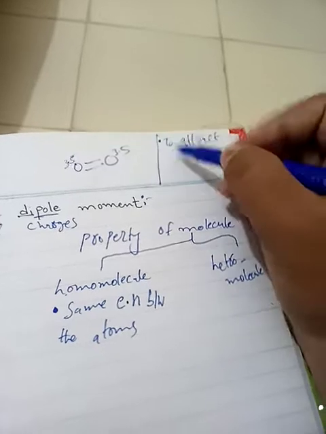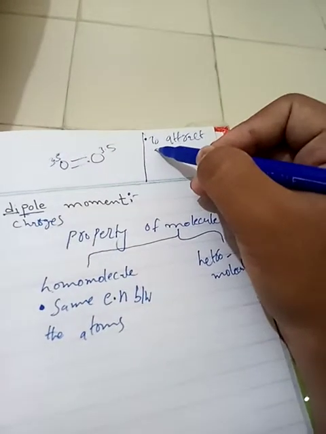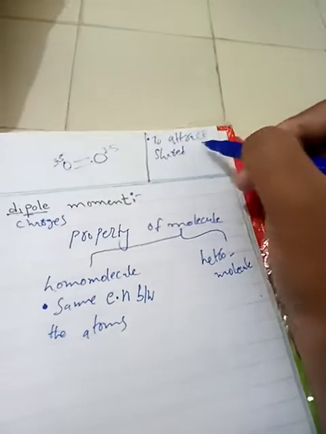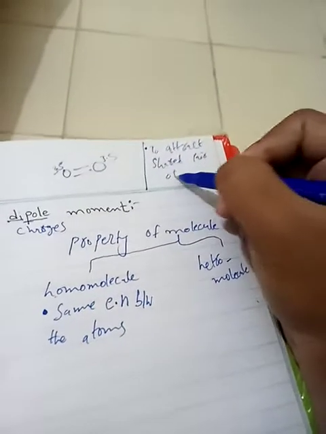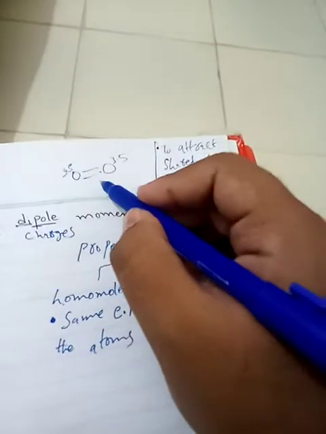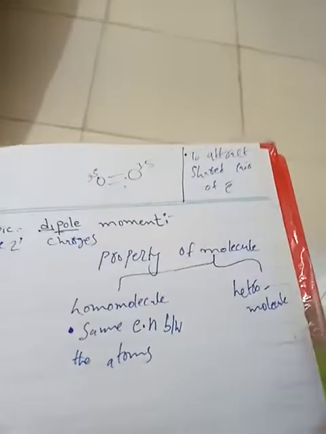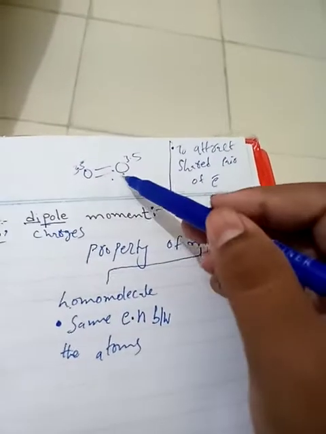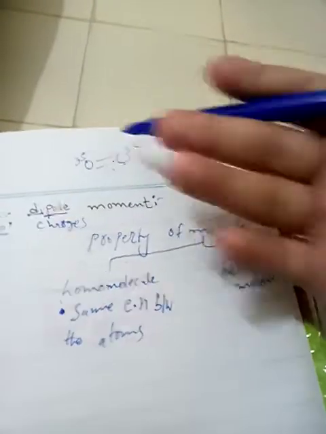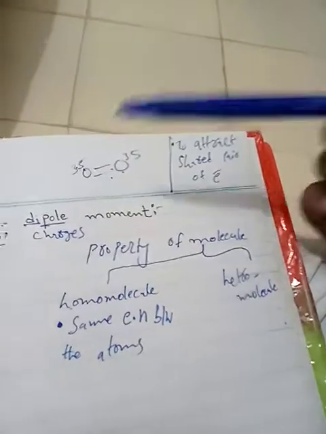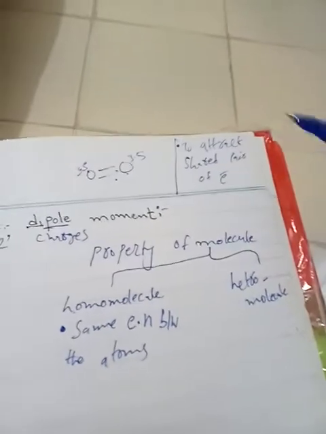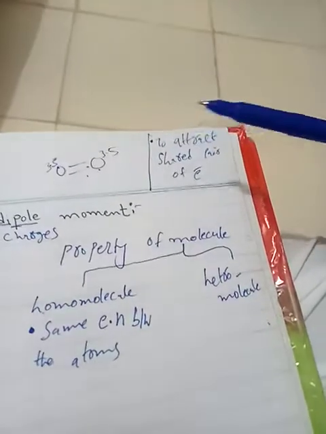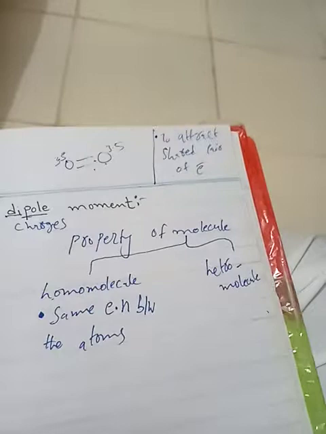The force which attracts the shared pair of electrons. If there would be another atom instead of oxygen which has a lower electronegativity, then oxygen would try to snatch the electron of that specific atom, and that occurs due to the charges of oxygen.